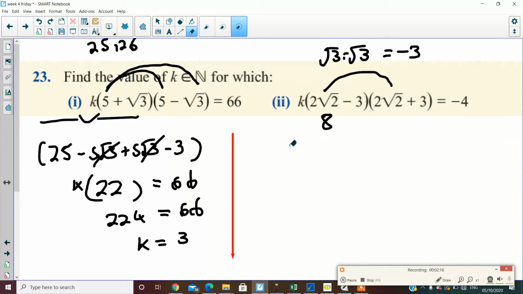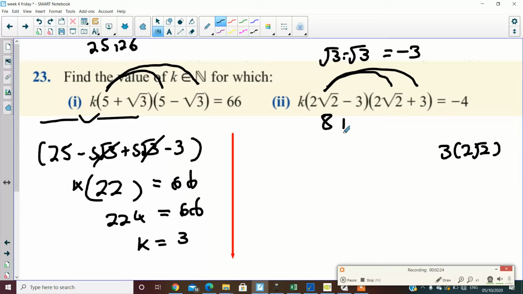Now, what's the next part then? 2 root 2 times 3. Yeah. So it's going to be plus 6 root 2. What's minus 3 times 2 root 2? Root 2, yeah. And minus 3 by plus 3.